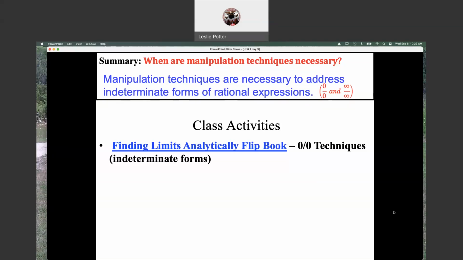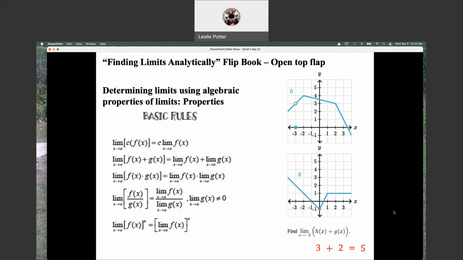Is it okay to go off the screen? Good. So we're going to skip the folding, but we're going to open up the foldable and look at the basic rules. You don't have to copy this down. If you look at the basic rules at the top of the first page, we did all of these rules last week.